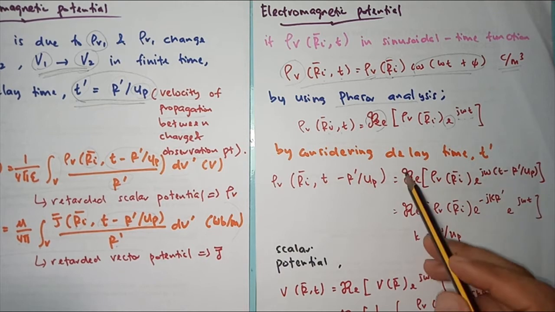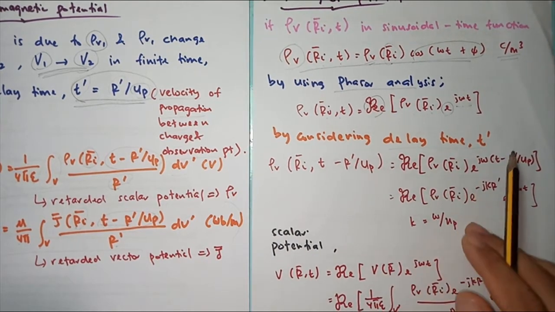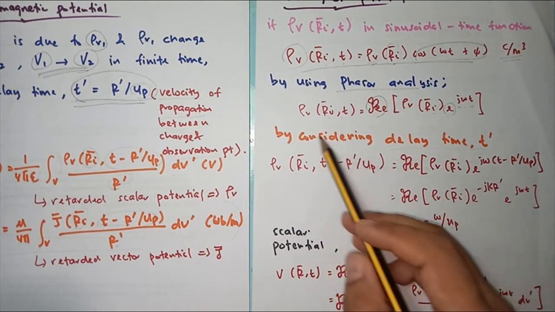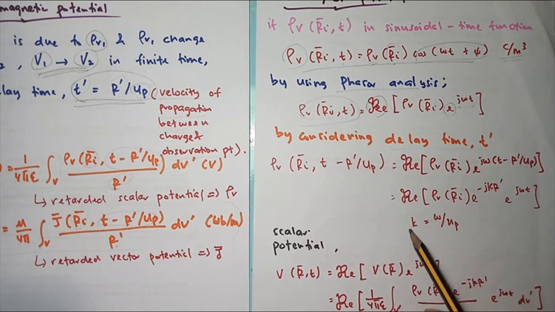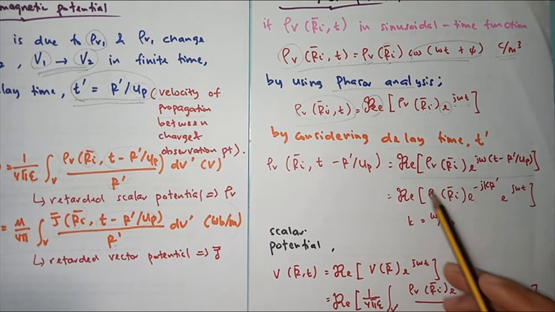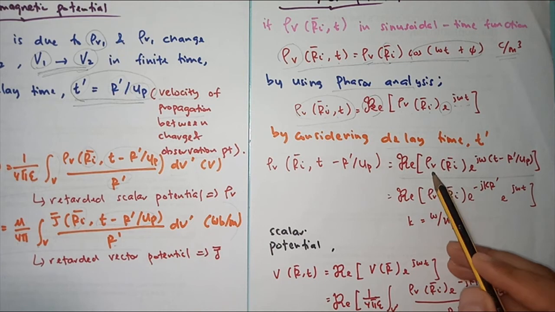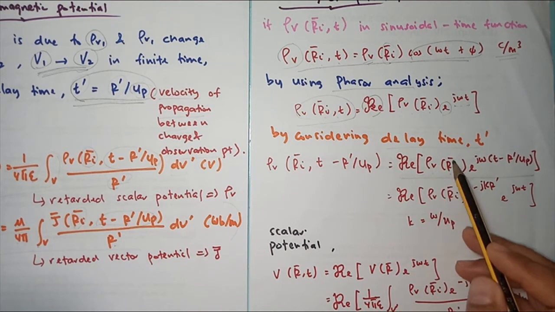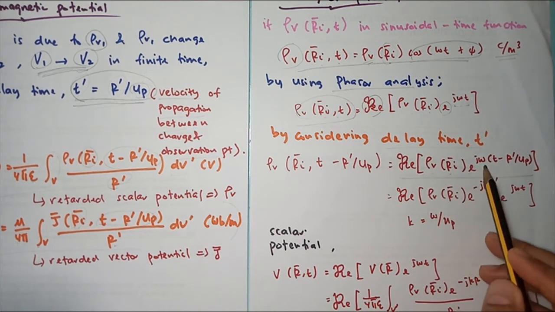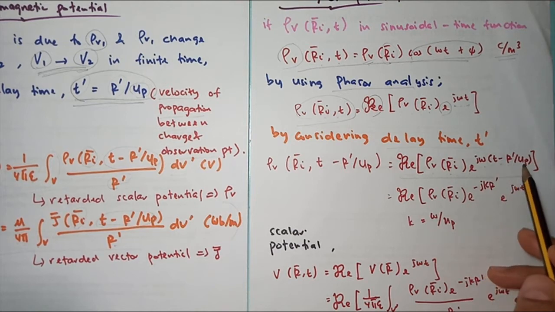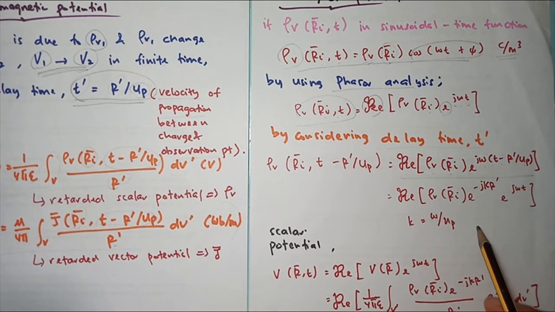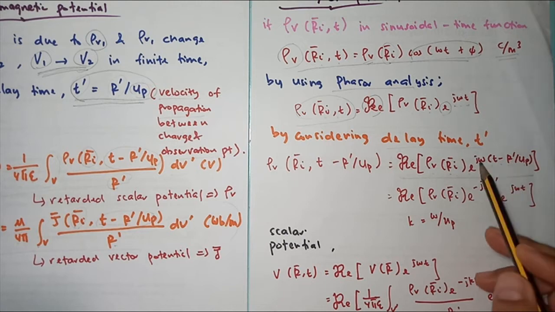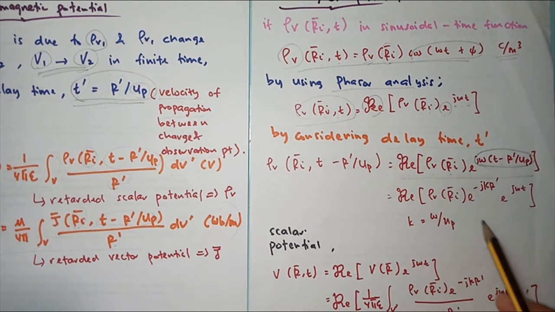And if we consider the same expression for the delay time, the expression for this charge is given by this formula, whereas we have the real value of rho v, vector of Ri, exponential j omega, t minus r prime divided by up. This exponential can be rewritten as this one.